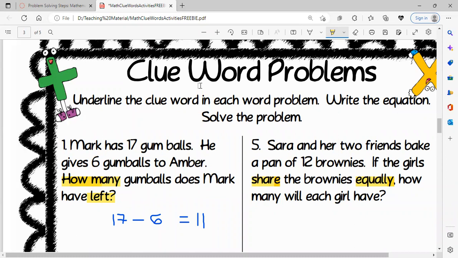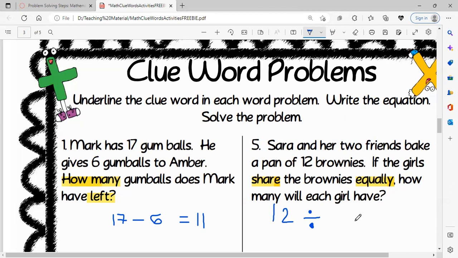What are we going to be writing? I can do the same thing like what I did before. I can write the division symbol or sign, and I can write the equal sign. What are the numbers that we're going to be using? Well, we know that she has 12 brownies, but how many persons is it going to be divided among?